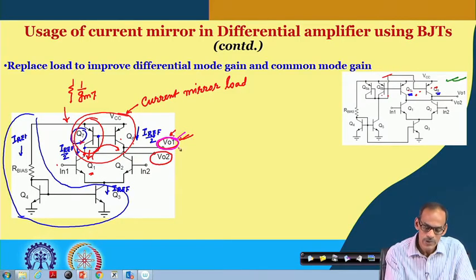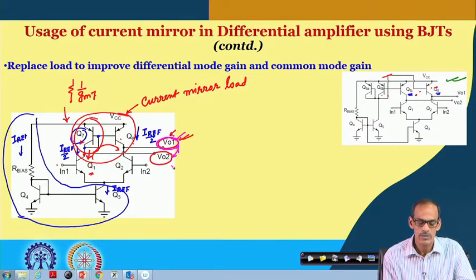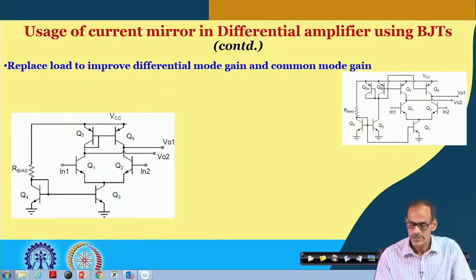So, if I take the difference of these two and call that the differential output signal, then we will not see any change in the differential signal. So, that is how it is done. In fact, it makes the circuit much simpler, as you can see.